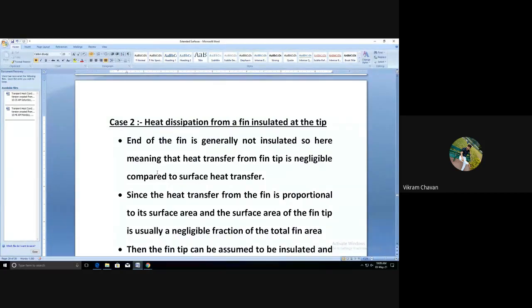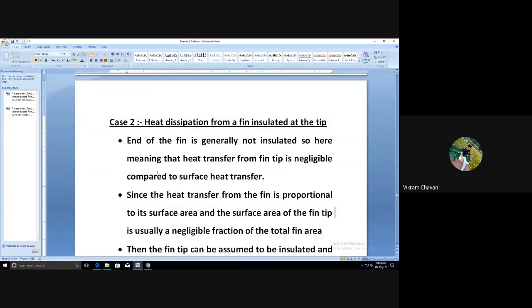If the area is less, then the heat transfer from that area will be less. So the heat transfer rate from the tip of the fin is negligible compared to the surface heat transfer from the fin. We neglect the heat transfer from the tip as the area is very small, so we consider the fin insulated at the tip.